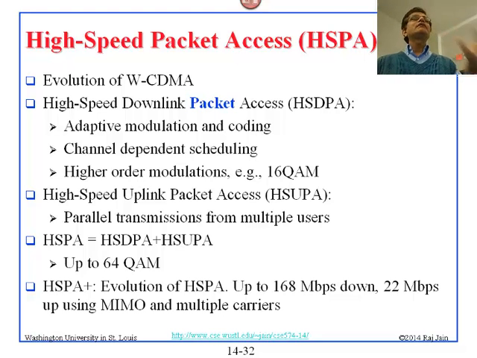You go to many news items or many service descriptions, and they say, well, we give you HSPA plus. That is just an extension of 3G all the way to 168 megabits down and 22 megabits up using MIMO and multiple carriers. By this time, 2014, they know MIMO for sure.